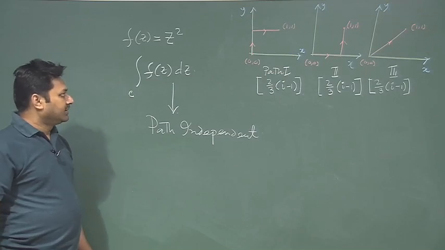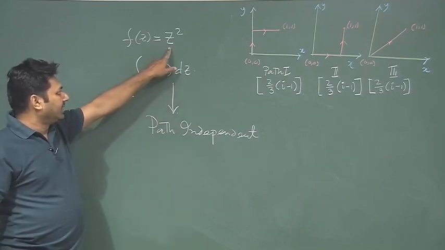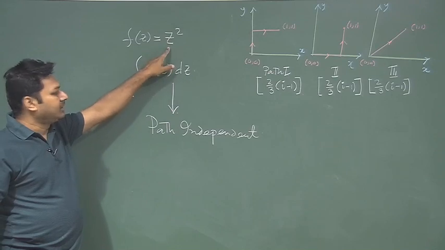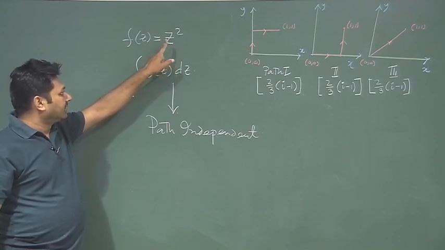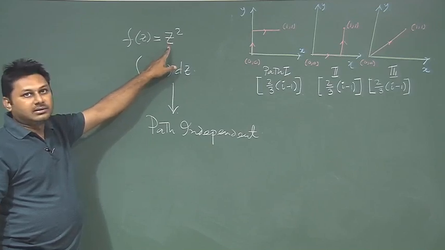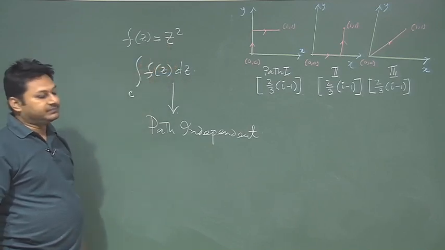Now, why is that? The reason is that here I will again show one example that will be easier to understand. The reason is z square here is an analytic function.